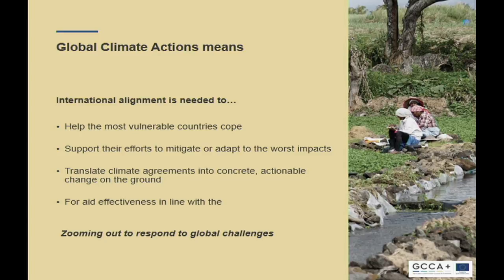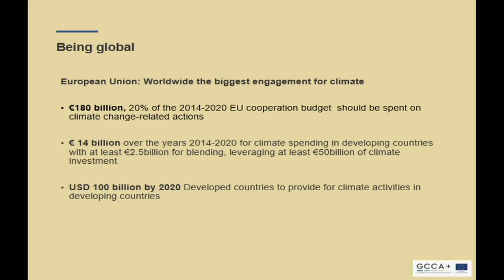So what we do at the global level in terms of funding and climate action is that the European Union is committed to put 20% of its budget into climate action for the period 2014-2020. What that means in figures is 14 billion euros for the period, which will be availed to developing countries, and an amount of 2.5 billion will be dedicated to blending.